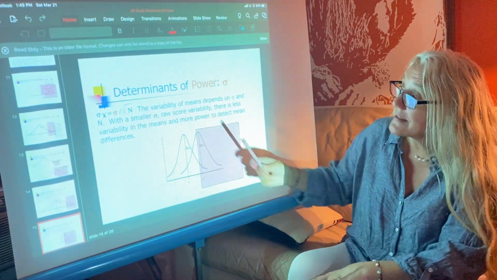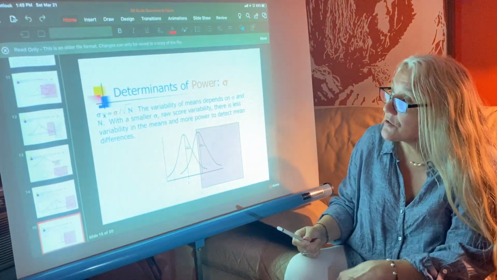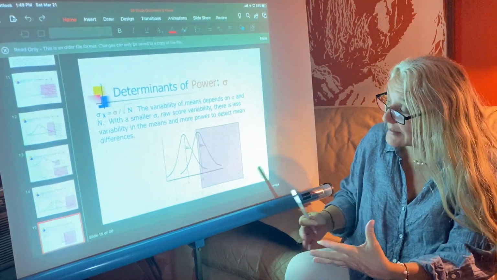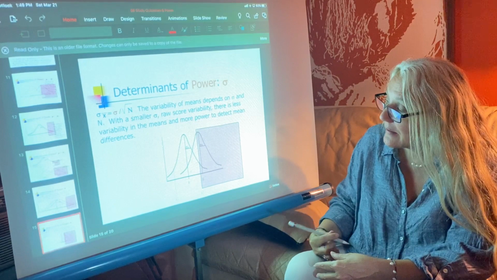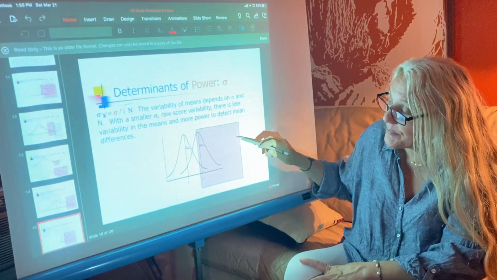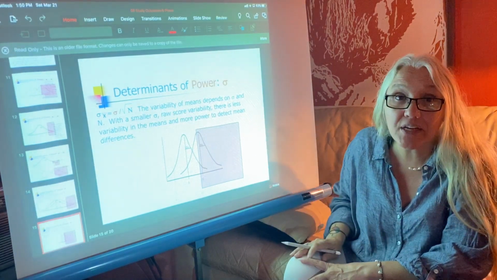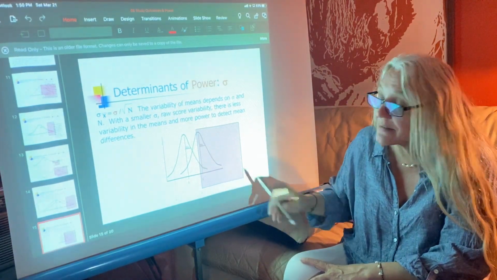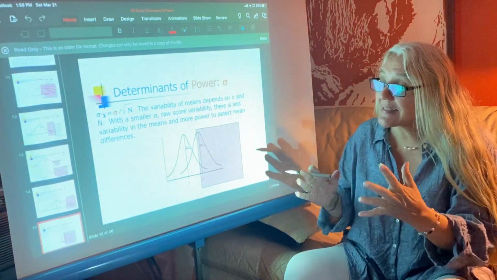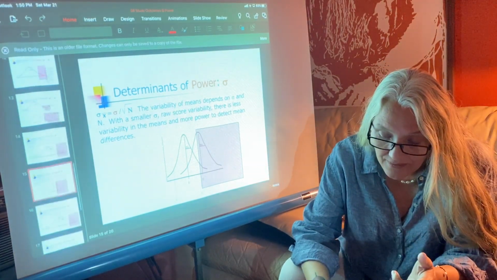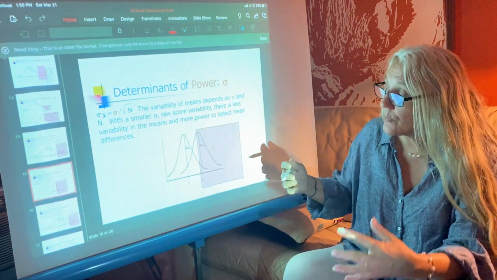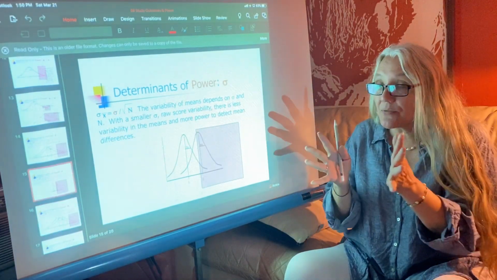So here I've reduced sigma. Sigma is now smaller. Less raw score variability. And now look, here's the critical value, and more than half of these means are in the region of rejection. So as sigma goes down, we get more narrow distributions.